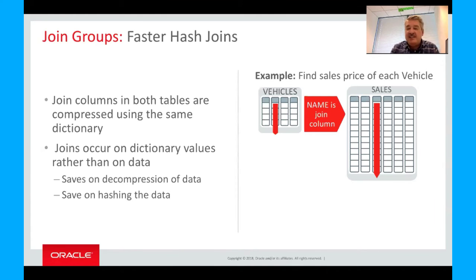But for the most part, unless I call out a specific feature, it covers all of Database In-Memory, all the way from 12.1.0.2 up through 18c. So it's not 18c specific. Nothing we've discussed so far is 18c specific, although we have enhanced quite a bit of the predicate pushdowns and some of the scanning abilities in 18c, but nothing that would preclude you from doing any of this with 12.1 or 12.2.